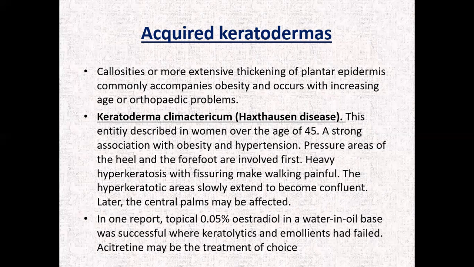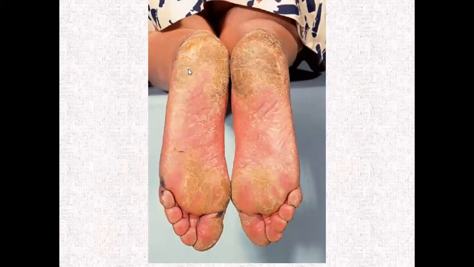The hyperkeratotic areas gradually extend to become confluent, involving the entire plantar and palmar skin. There is a report that 0.5% estradiol in a water in oil base is successful in treatment of this keratoderma climacterum. Acitretin may be helpful. So this is keratoderma climacterum.